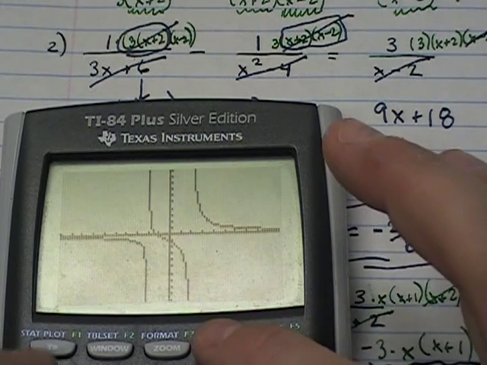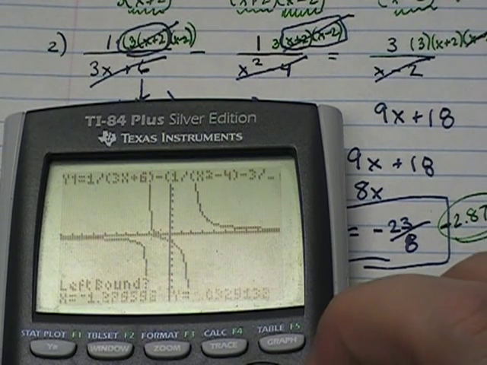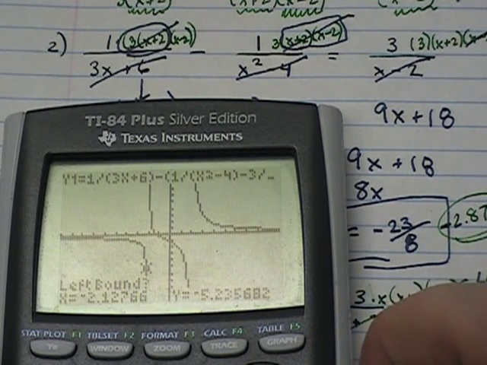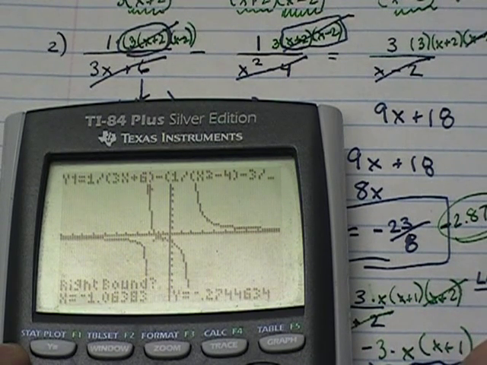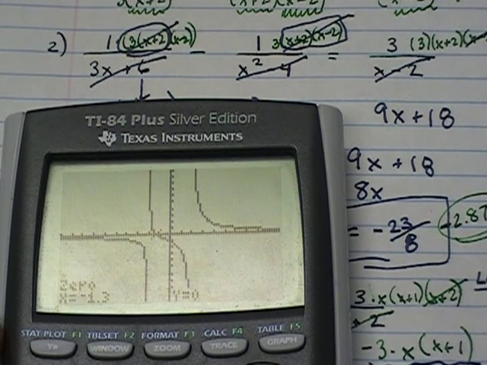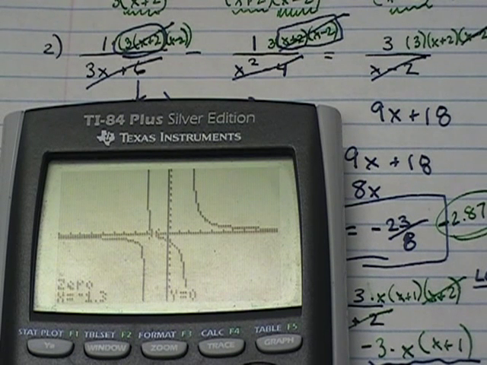So let's go back to my graph. Let's go back to my Calculate menu, and I'm going to type left bound. It asks for a left bound. So you go to the left of that point, a right bound, you go to the right of that point, and then a guess, you go somewhere near that point, and it says x equals negative 1.3, y equals 0.